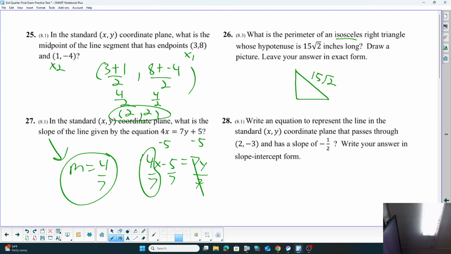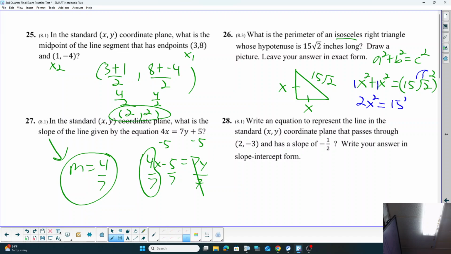Well, if it's isosceles, that means this side is equal to this side, so we could just call it x and x. And then we'd use the Pythagorean theorem. So that's x squared plus x squared is equal to 15 radical 2 squared. And you have to distribute that too. Distribute it through. So that's going to be 1x squared plus 1x squared is 2x squared.